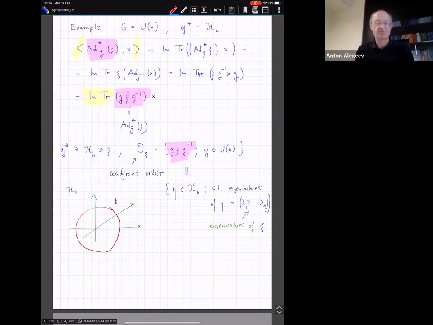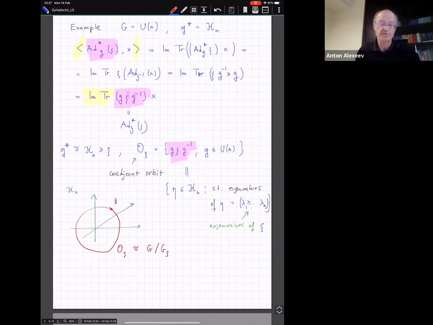So that's a kind of extrinsic viewpoint, because I'm thinking of an action on the whole space, and then within this whole space, I'm looking at the subset that I obtain by moving a given point. So this is O psi. But on the other hand, I can also look at it intrinsically. And intrinsically, it should be isomorphic to G mod G psi, right? Where G psi is the stabilizer. Of course, that goes for any orbit, coadjoint or not coadjoint.